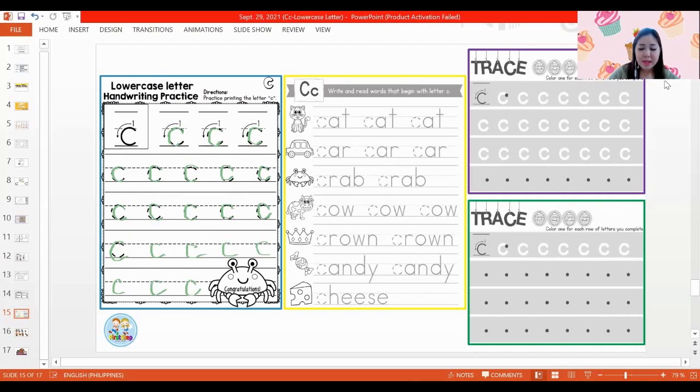And for the next page, you can only trace the letter C if you like, but you can also trace the other letters as well for practice. Okay, just like what Teacher Sarah is doing here.